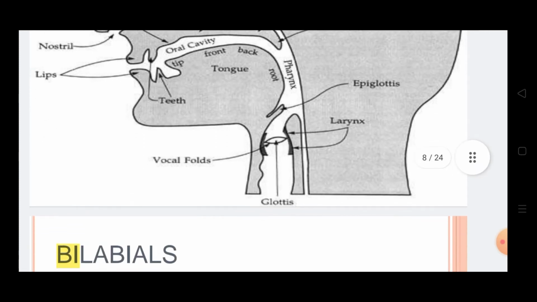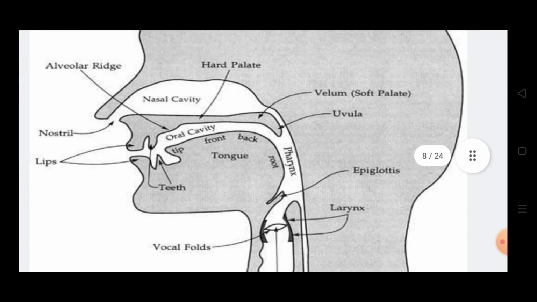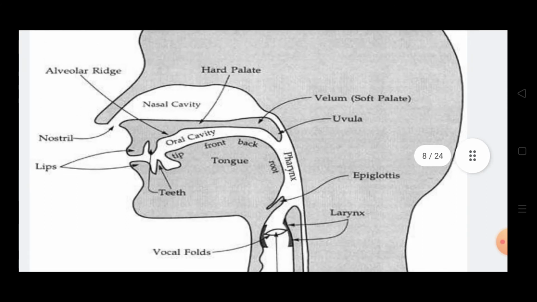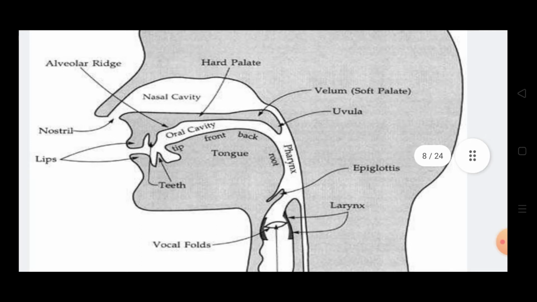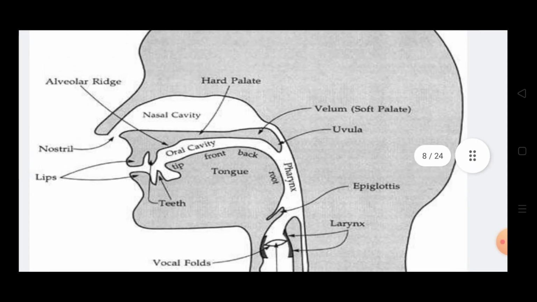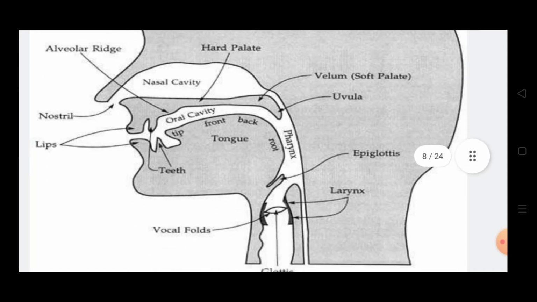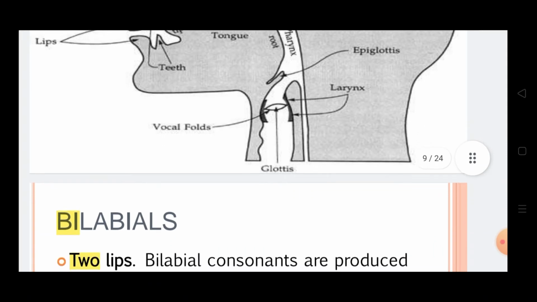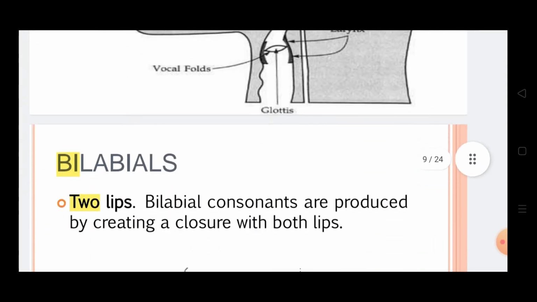We'll discuss each type, but first have a glimpse of the speech organs. This is the oral cavity which contains the tongue and teeth, and then comes the trachea which contains the larynx, vocal folds, glottis, epiglottis, and then the last part of the tongue, uvula, velum, soft palate, all these. So just keep in mind the position of these organs.